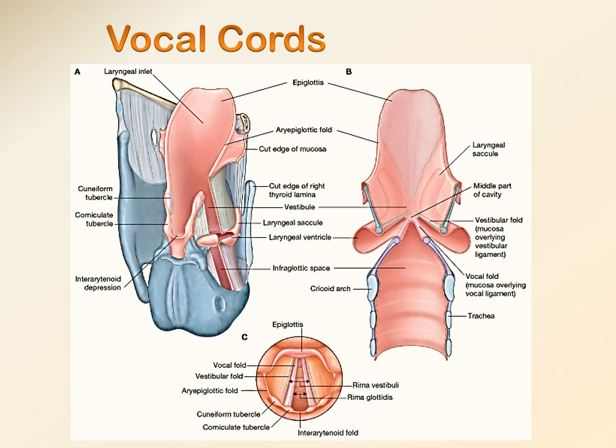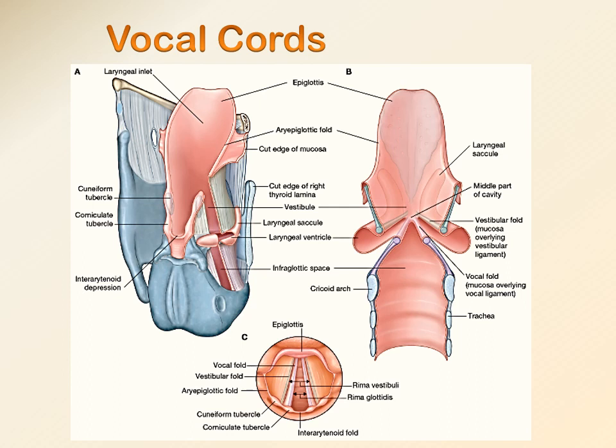vocal cords إذا ناخذ هذه الصورة ونشوف cavity of the larynx، راح نشوف posterior surface of the epiglottis من الخلف، نشوفه يؤدي إلى cavity of the larynx. إذا ننزل بها للأسفل راح نوصل إلى two folds. وحدة من الأعلى تمثل base of the epiglottic fold, which is called vestibular fold.